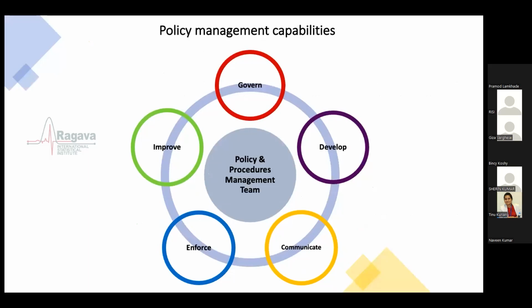So these are the policy management capabilities expected to be present in any organization that is aspiring to, or trying to establish, a policy management function and an effective policy management process.